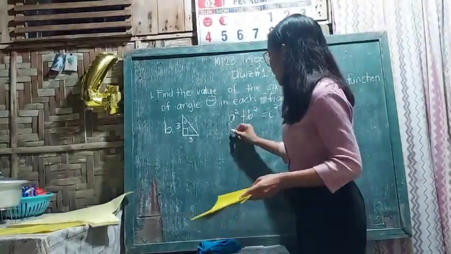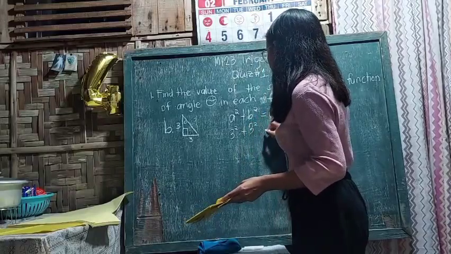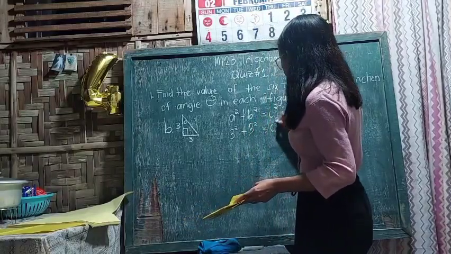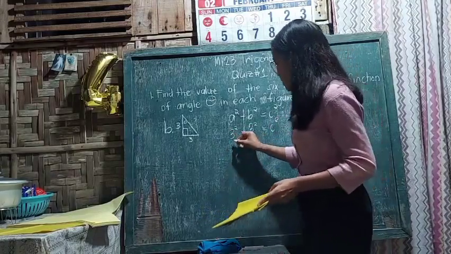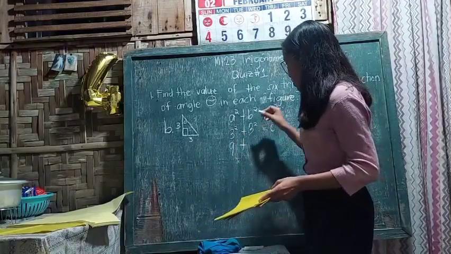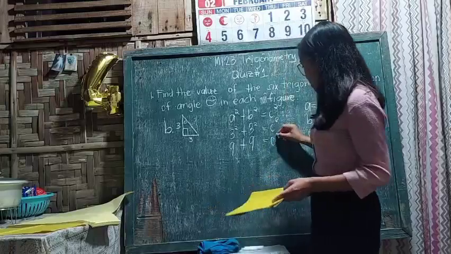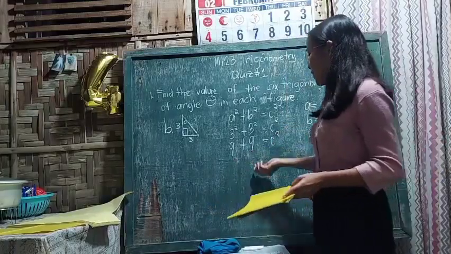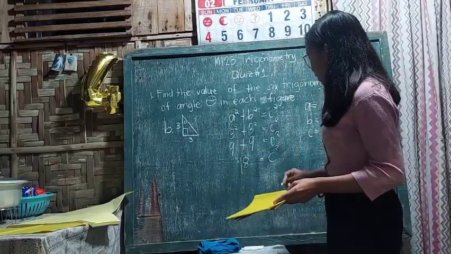So a would be 3 squared, b is 3 squared, equals c squared. 3 squared is 9. Another 3 squared for b is 9. It is equal to c squared. 9 plus 9 is 18. Is equal to c squared.